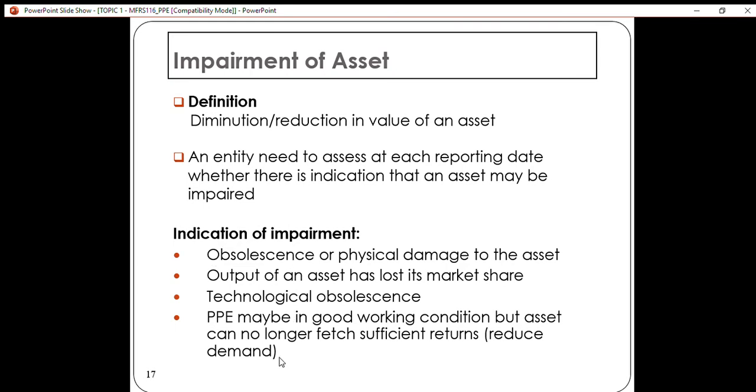When these indications take place, it shows that there might be an impairment of assets.